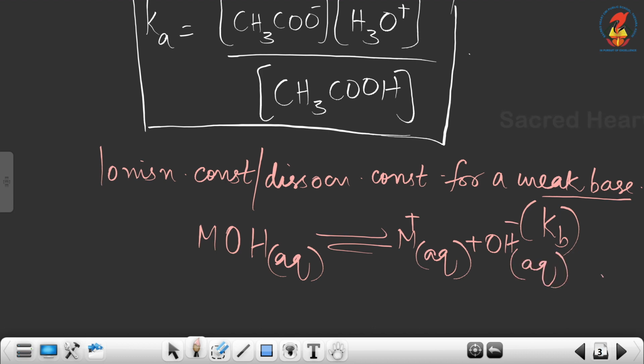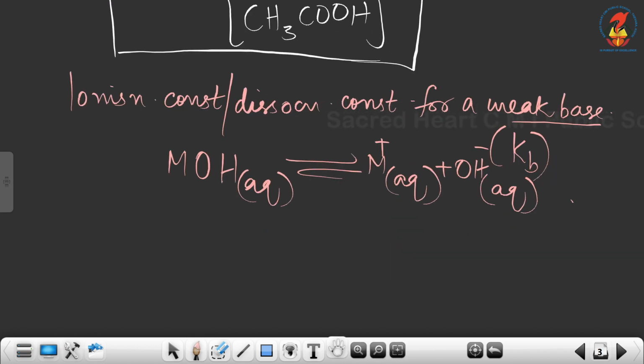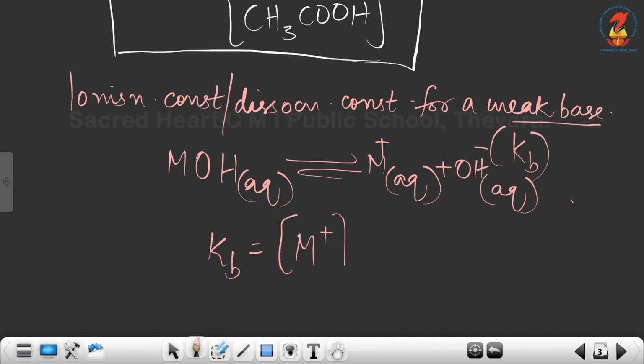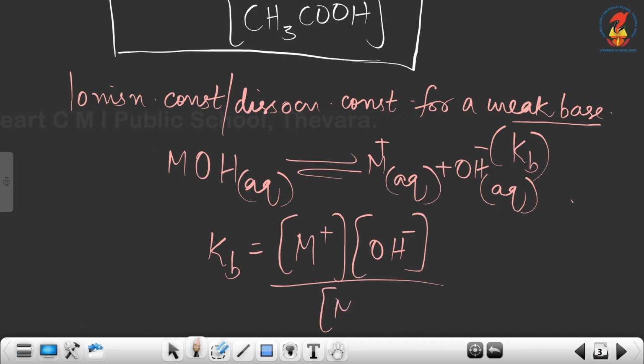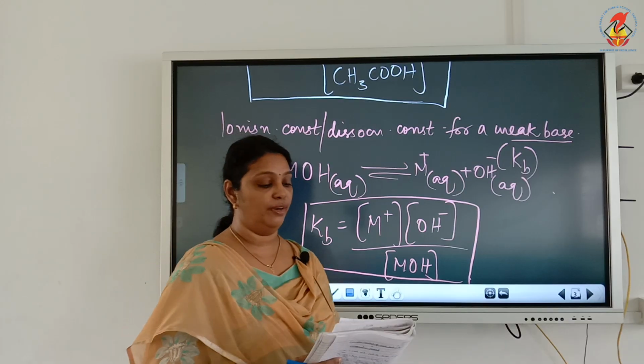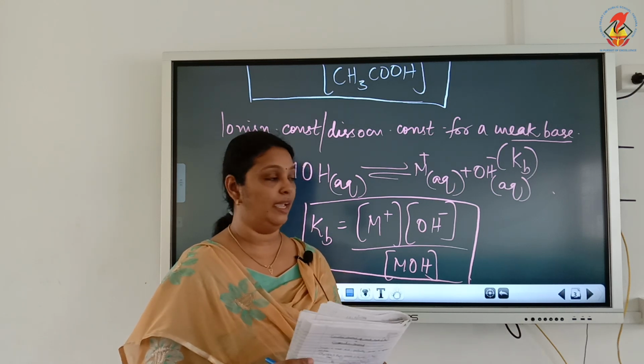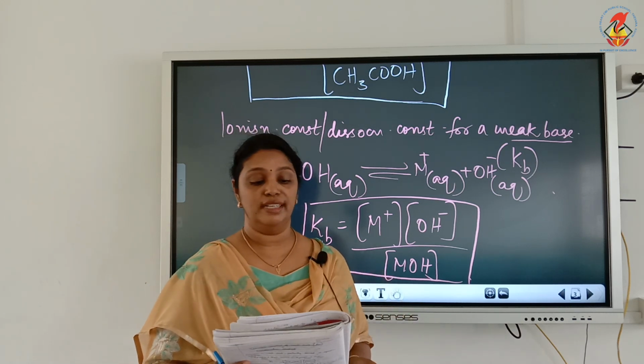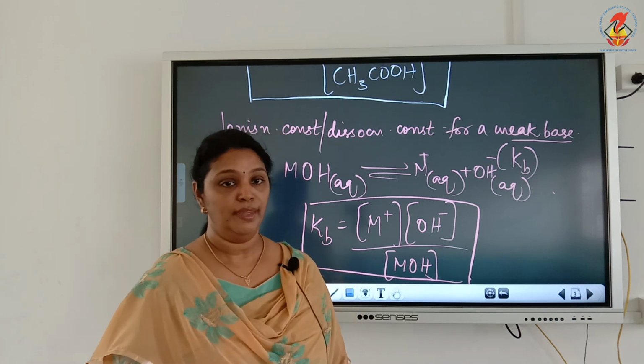Here also you can write the expression as Kb. What will be the expression? Molar concentration of M+ into molar concentration of OH- divided by molar concentration of MOH. So this is the expression for the ionization constant for a weak base, and Kb also is a dimensionless quantity.